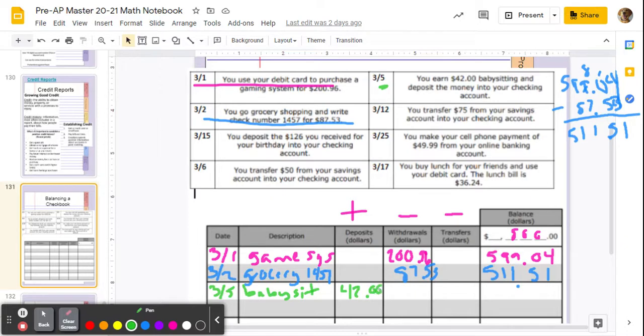And we're depositing $42. So we're going to take our total over here, and we're going to add $42 to it. So we're still going to have 51 cents. We're going to have $553.51.